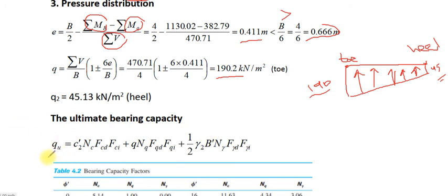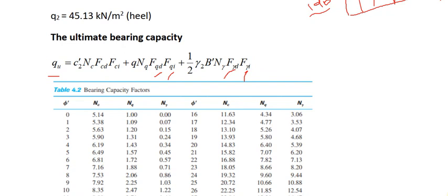Ultimate bearing capacity equals c N_c times the depth factor and the inclination factor, plus q N_q times its depth factor and inclination factor, plus the gamma term. Here the base of the retaining wall is subjected to an inclined load in addition to the moment.